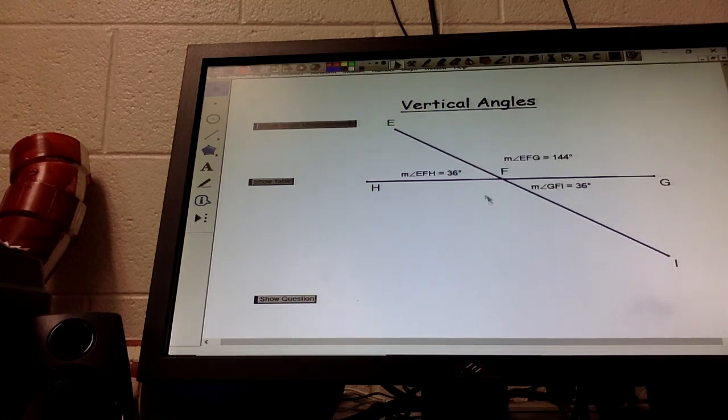So this HFI or IFH, whatever you want to call it, better be 144, because that's going to add up to 180. So here's the idea with vertical angles. Vertical angles are congruent, right? Congruent is vocabulary, and congruent means equal. So vertical angles are congruent, always. It's all based on a line.